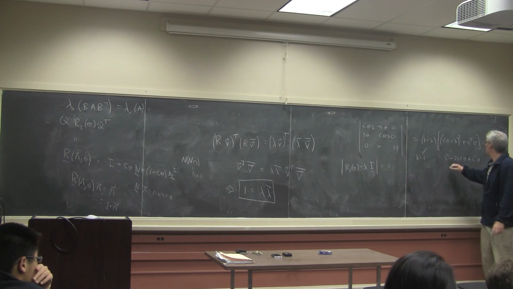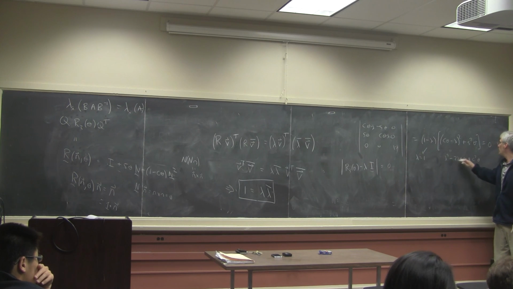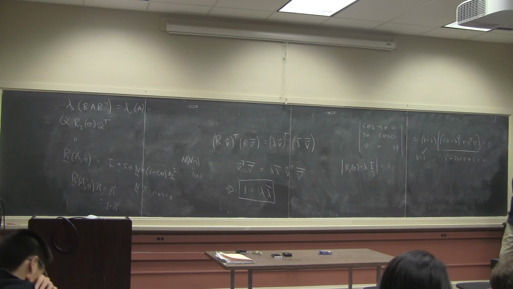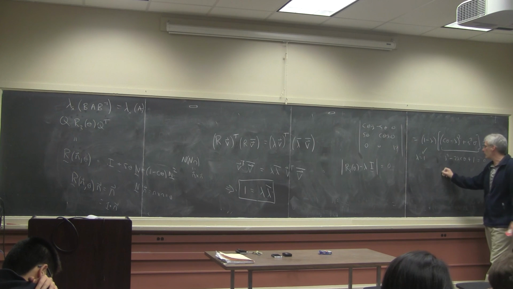So let's just concentrate then on this. Once we add the sine squared theta in, that gives us a 1, because cosine squared plus sine squared is equal to 1. This is just a quadratic equation.